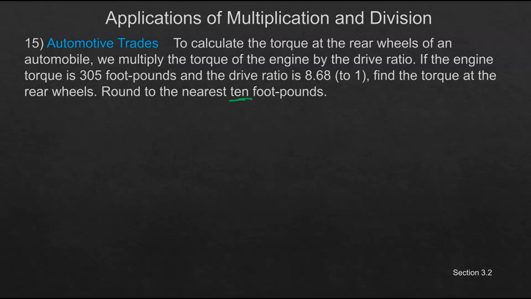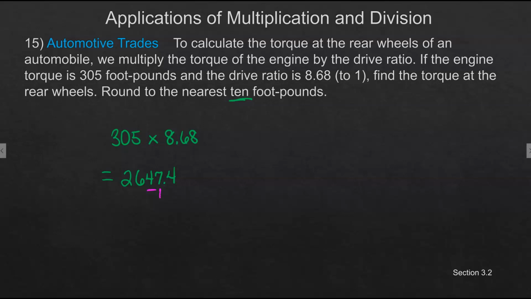Be careful there, because sometimes once you start knowing about tenths, you get tens and tenths mixed up. And so we take the torque of the engine times the drive ratio. So that's 305 times 8.68. And that will be 2,647.4. And then we're going to round that to the nearest 10. Right?